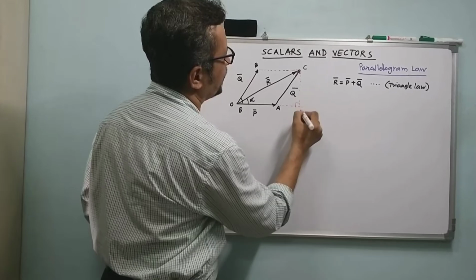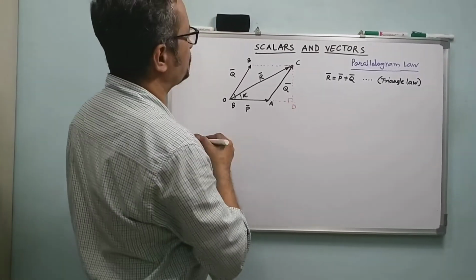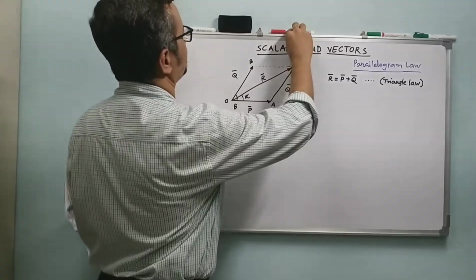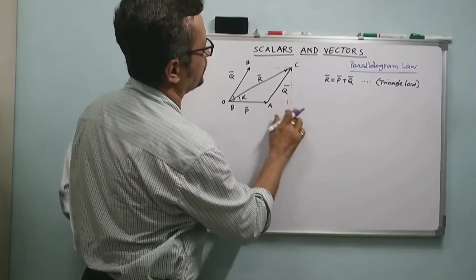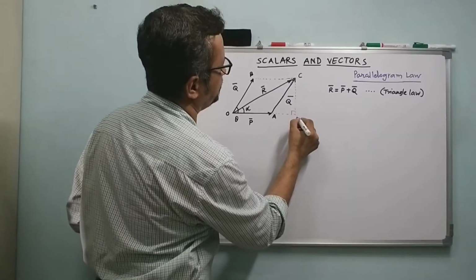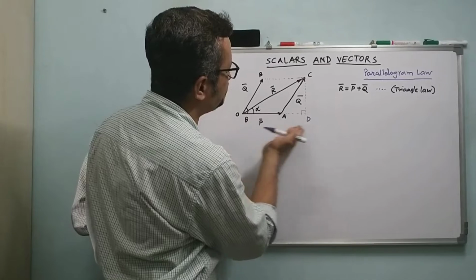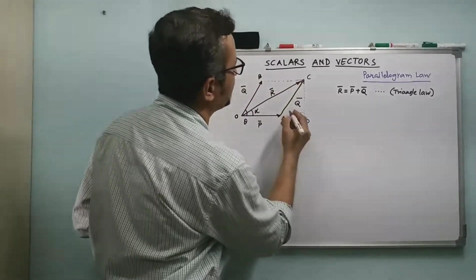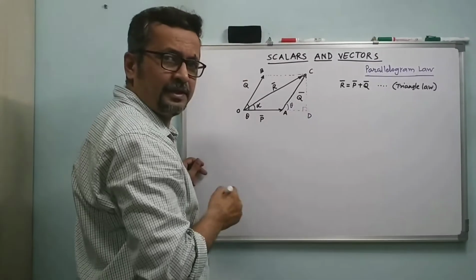Now I call this point D. The angle between the direction of P bar and this Q bar is going to be equal to theta. Correct? It is quite obvious.